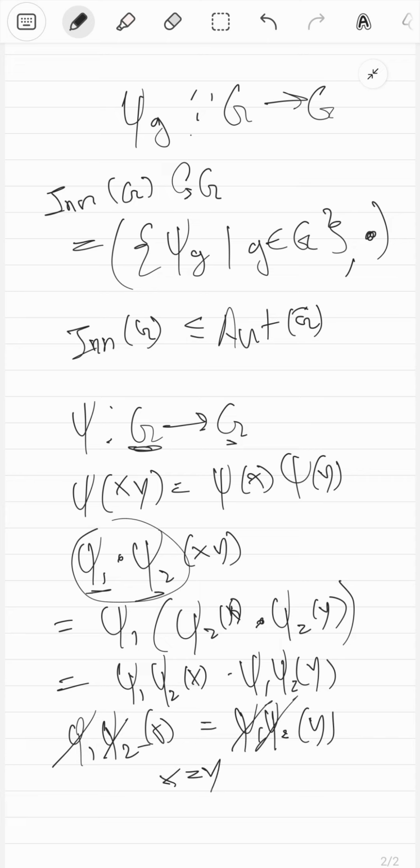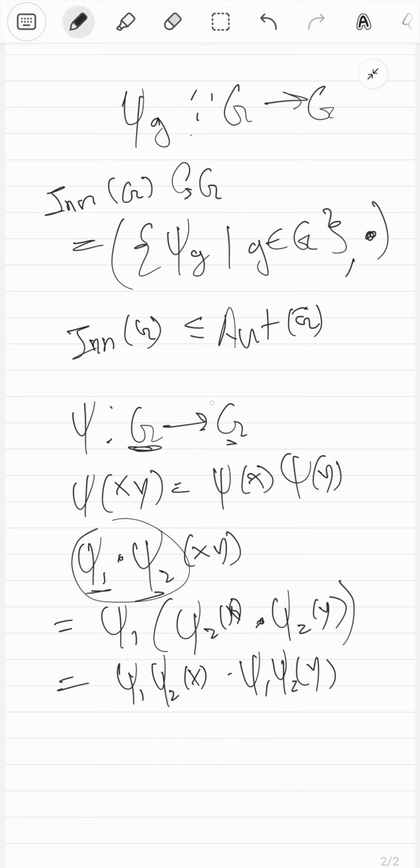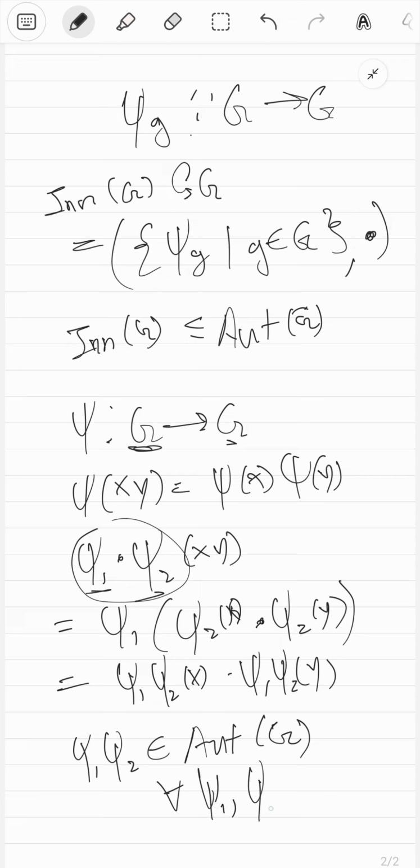So then psi1 psi2 as a whole is also injective. So it's an isomorphism. So we have shown closure so far. So psi1 psi2 is also in the automorphism group of G, for all psi1, psi2 in the automorphism group. Yeah, so closure is there.